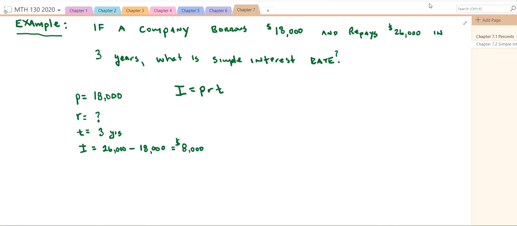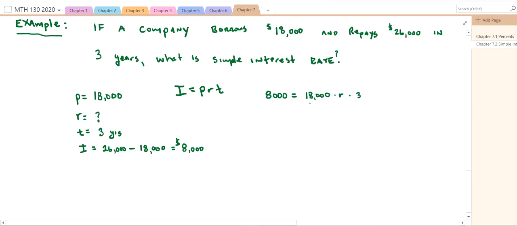So let's stick this stuff in our equation. For interest, we have 8,000 equals principal 18,000, R we don't have, and T is 3. All we have to do now to figure out R is solve for it.